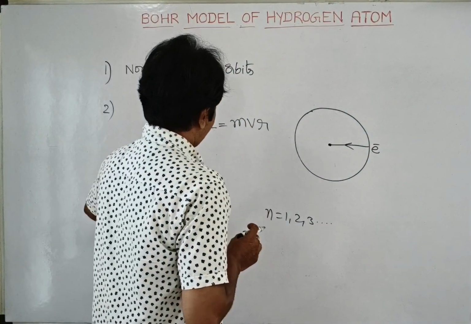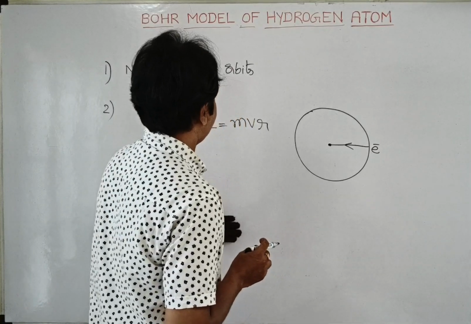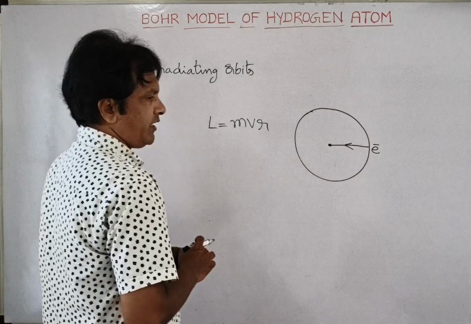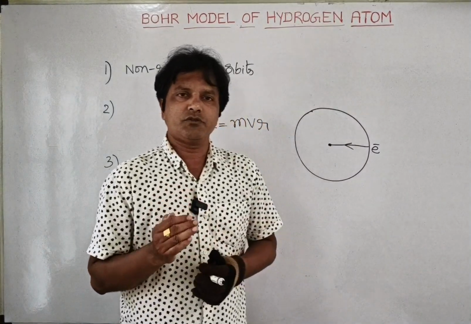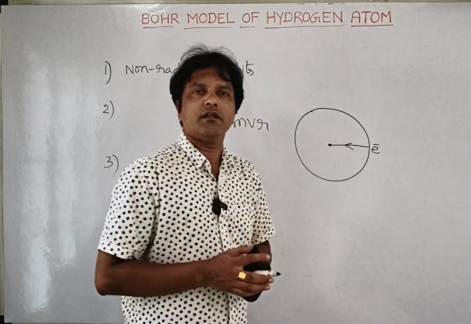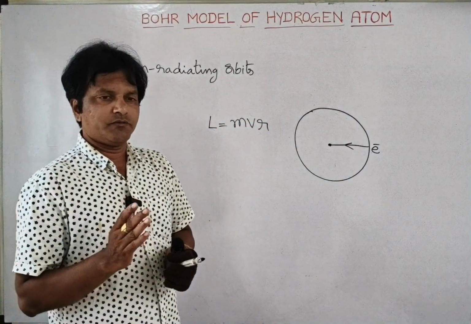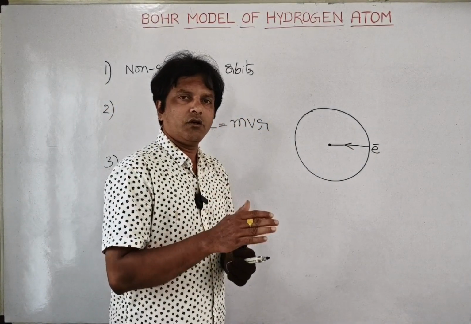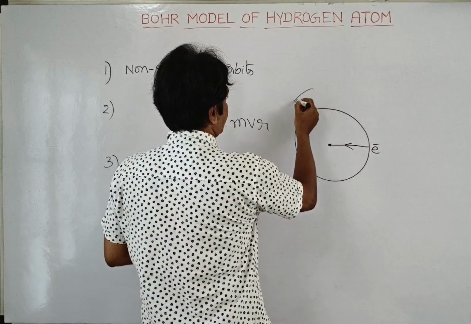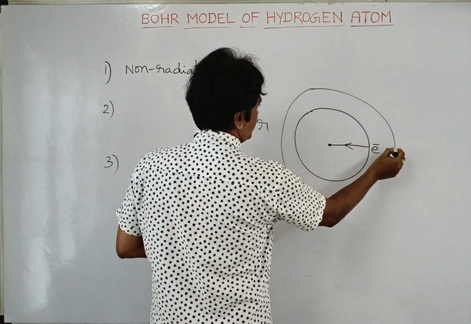Okay, next one, the third postulate, a very important and interesting postulate. Whenever an electron jumps from one non-radiating orbit to another, that means from higher energy to lower energy. See, there are orbits continuously around the nucleus.